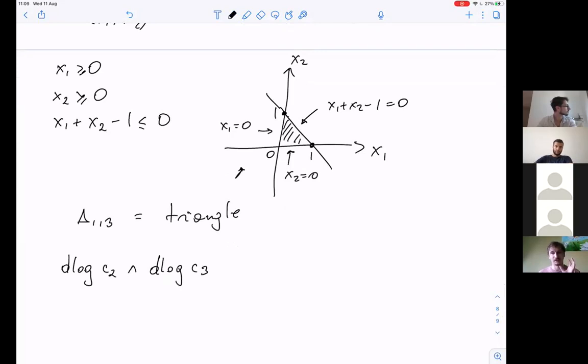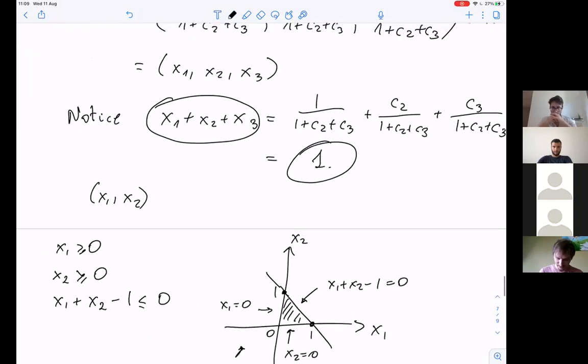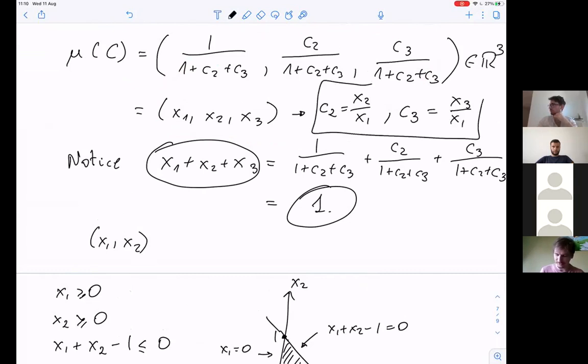That was our differential form for the positive Grassmannian. So omega of G plus 1,3 was just this. And then what we can do, we can just take this equation here and just find out what C2 is. So if you solve for C2, you find that this is just x2 over x1. And we can solve for C3, that's just x3 over x1. So that's just inverting this relation here.